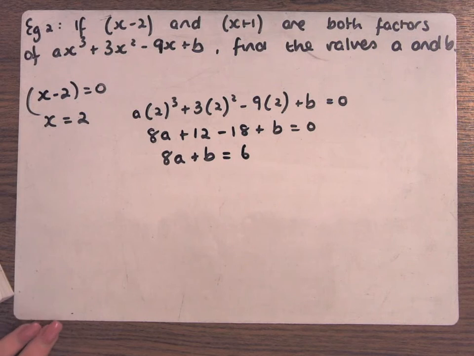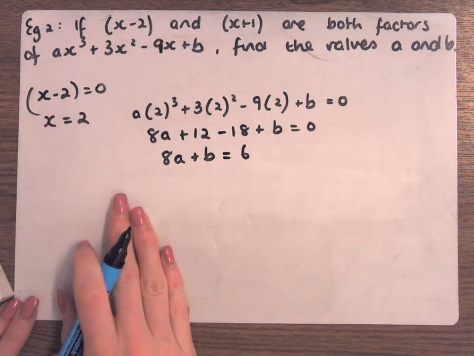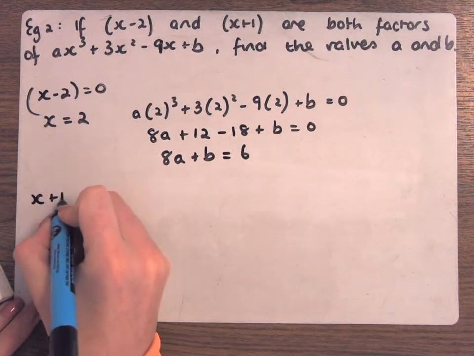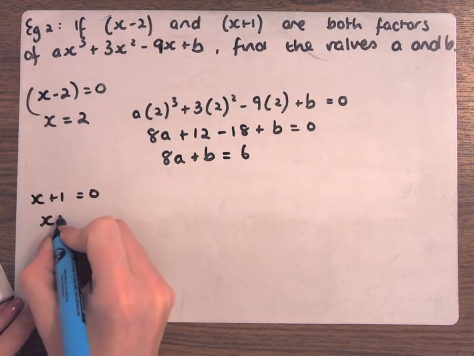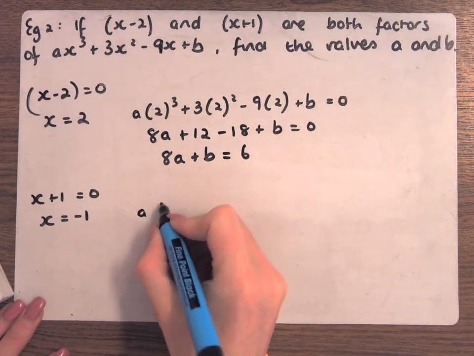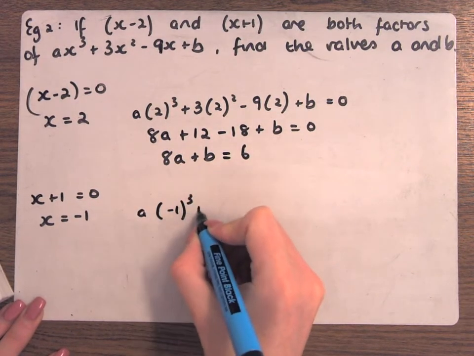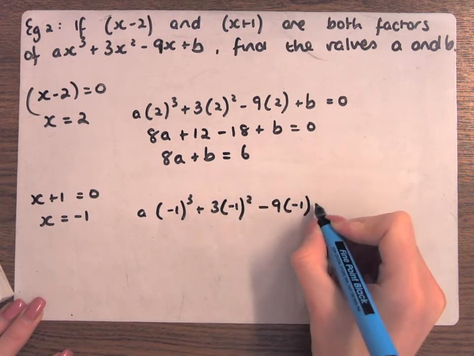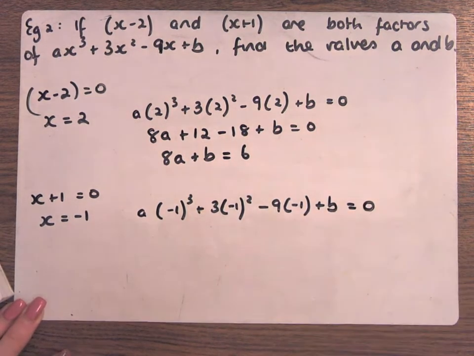Also, x plus 1 is a factor. What do I do? Same thing, x plus 1 equals 0, so x is minus 1. Fill that in. And when I fill it in, I know it's equal to 0.